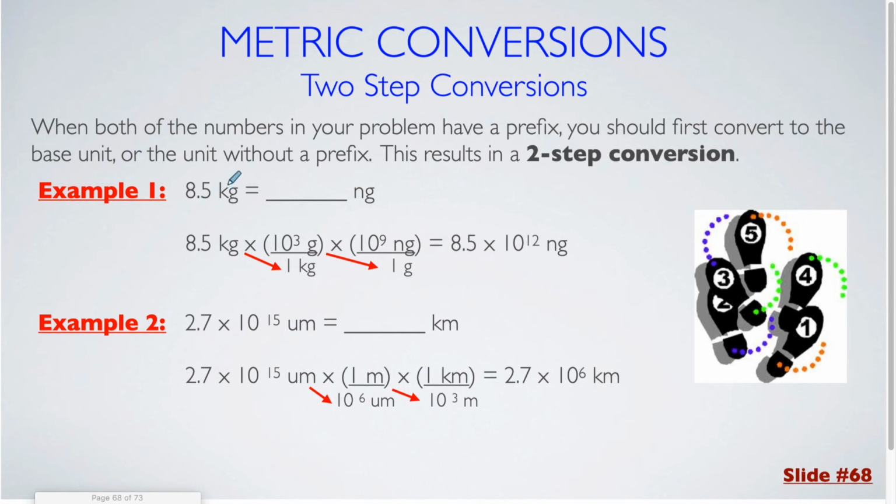So if I am starting with kilograms and I want to get to nanograms, I have to stop at regular grams first. So here I went from kilograms to grams, and then from grams to nanograms. In our example here, because I am multiplying scientific notation, I add the exponents. 3 plus 9, which is 12.